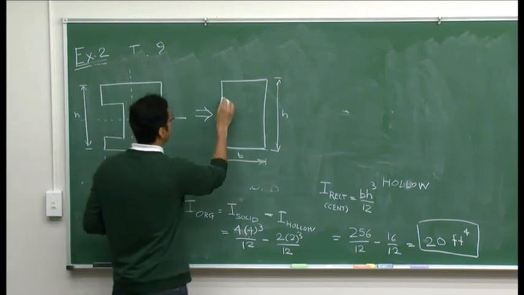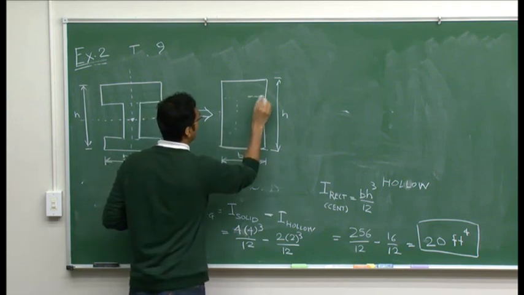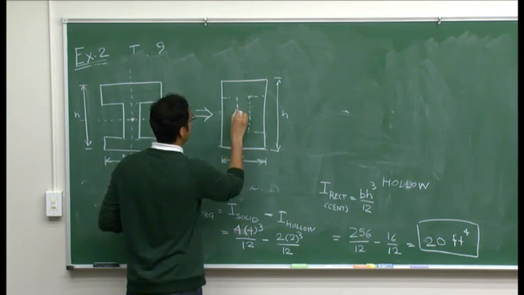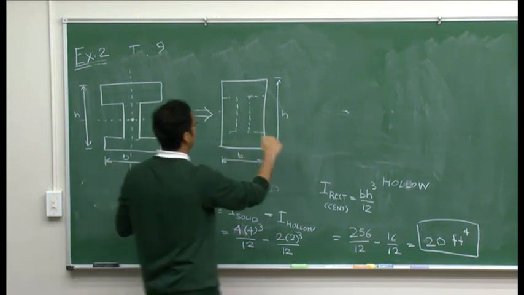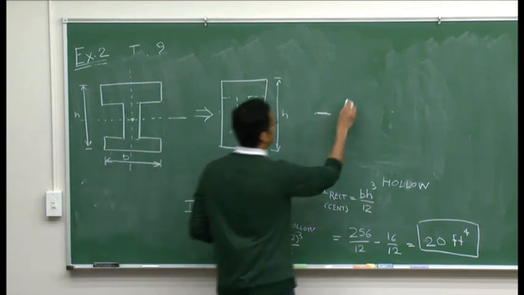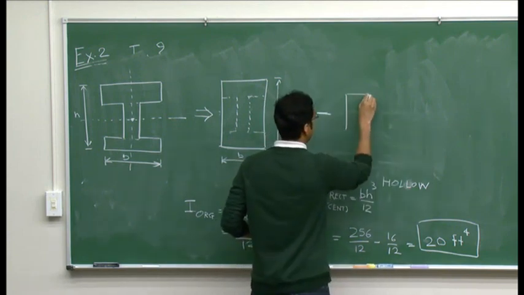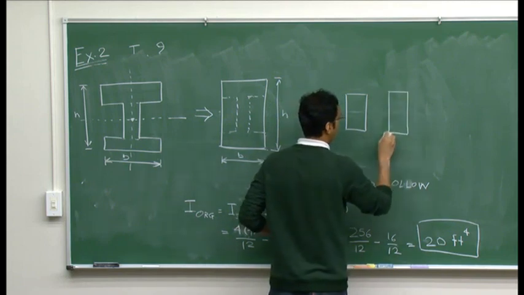Let me just highlight them here. If you take these 2 rectangles out, you will get your original beam. So this is solid minus a rectangle here and another rectangle here.